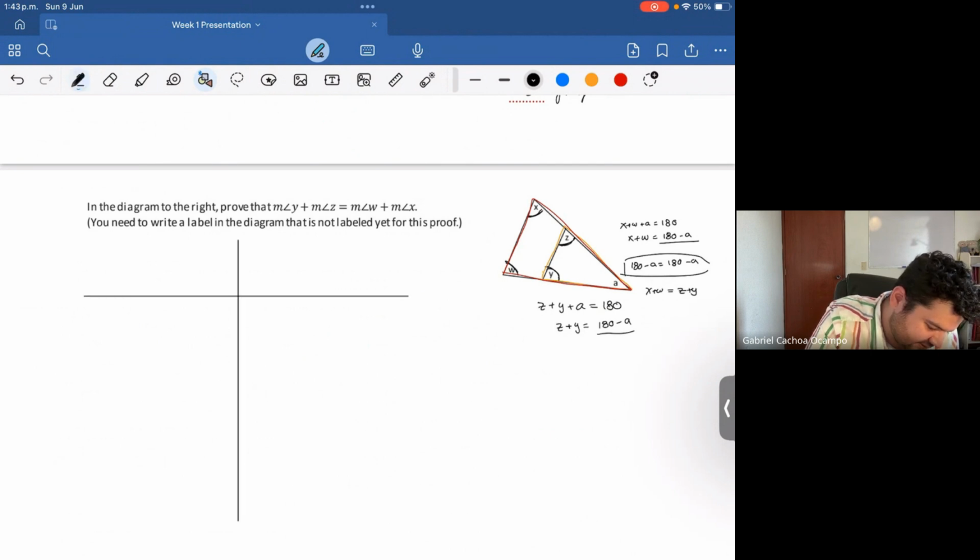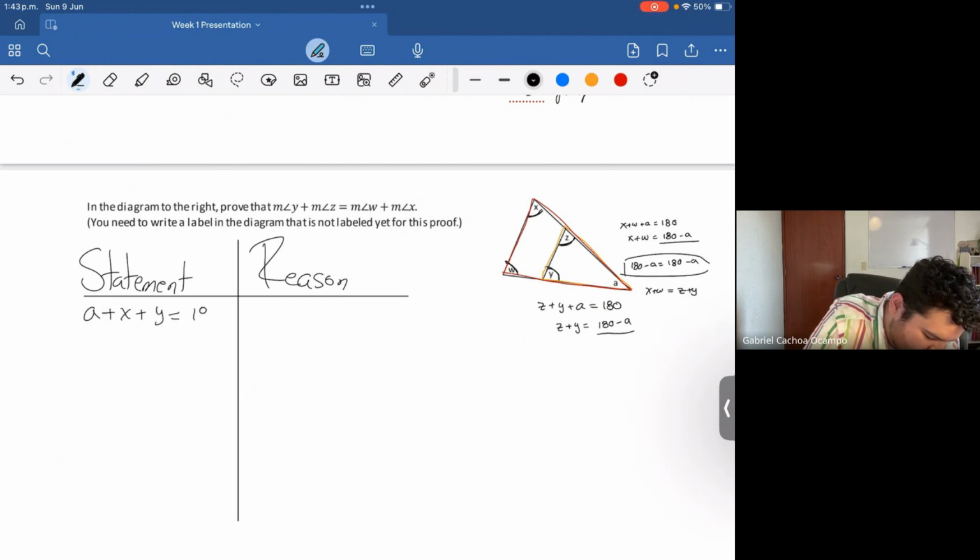Okay, now let us write it. Two columns, statement and reason. My first statement is A plus X plus Y equals 180. Reason: angles inside a triangle add to 180.